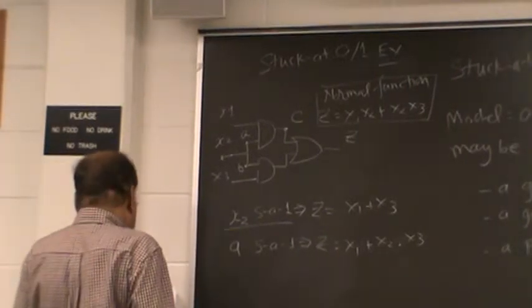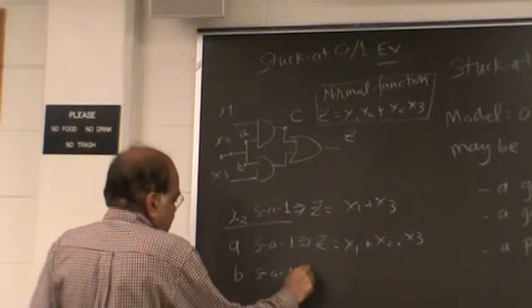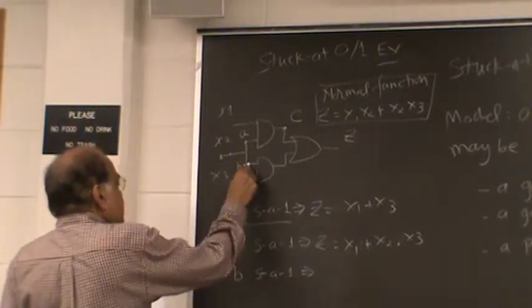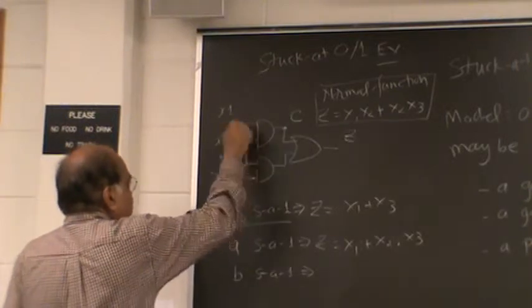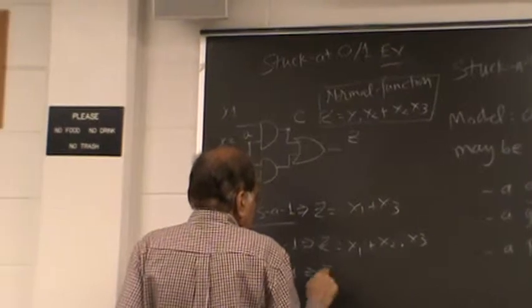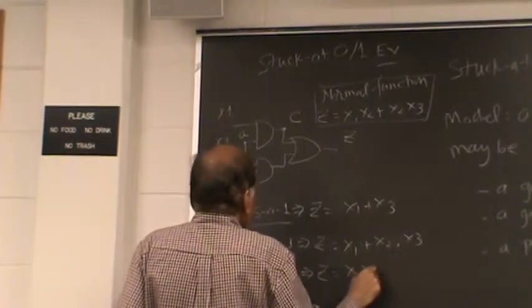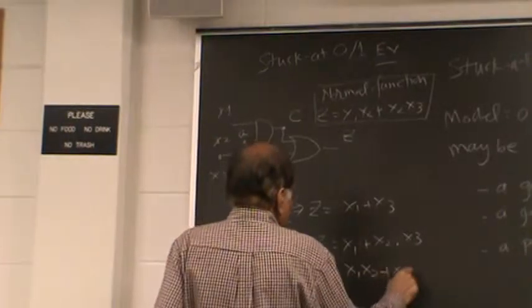Okay, and for comparison, let us see what would happen if B is stuck at 1. B is this input. And if B is stuck at 1, then z is equal to x1 x2 plus x3.